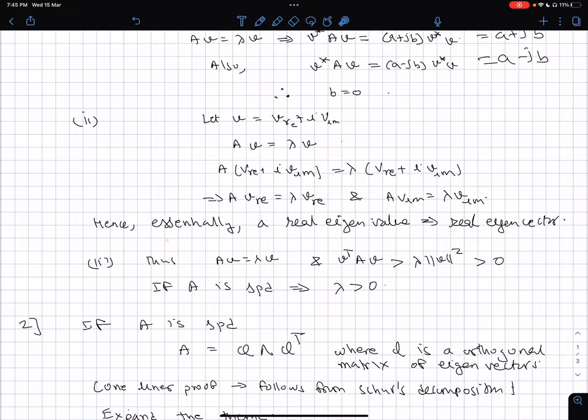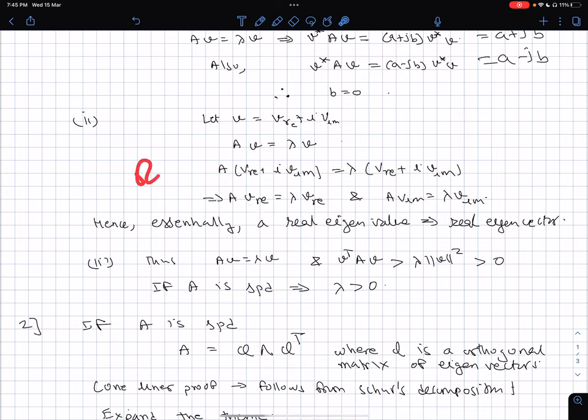Hence, basically what we are saying is that the real part and the imaginary part, these two subvectors, are indeed eigenvectors, which proves that there is nothing like a complex eigenvector standalone. Essentially, the eigenvectors corresponding to this real eigenvalue are also real vectors.